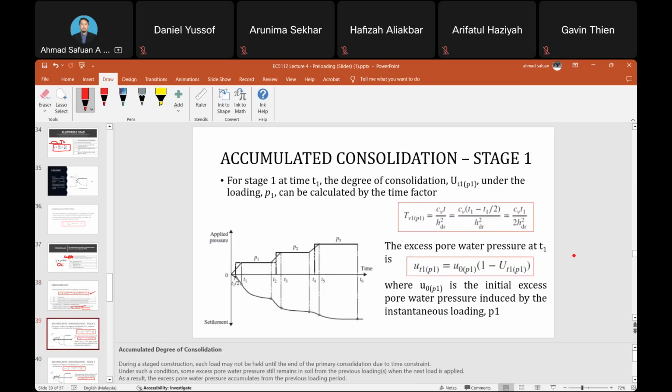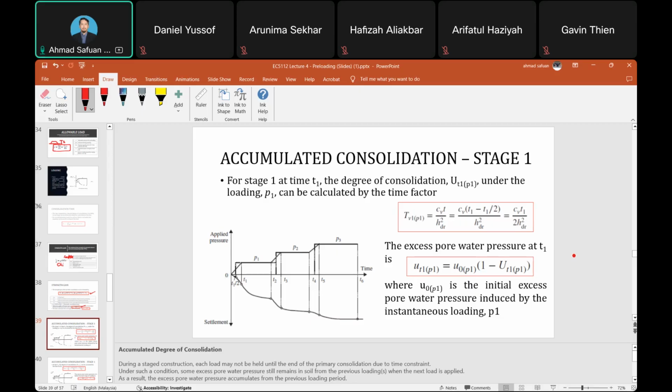So this is what we call stage construction. As we have discussed before, based on Taylor, for stage constructions the example shows 3 stages involved.